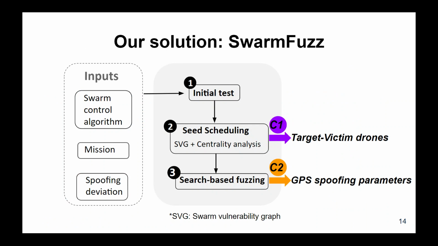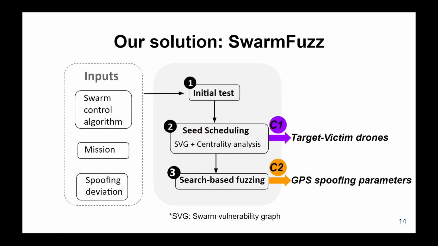Motivated by these observations, we propose SwarmFuzz. SwarmFuzz has two innovations to find the SPVs efficiently. First, to tackle challenge 1, that is, to choose the target victim drones, we develop a graph abstraction called SVG and utilize graph centrality analysis to measure the influence of each target victim drone pair.